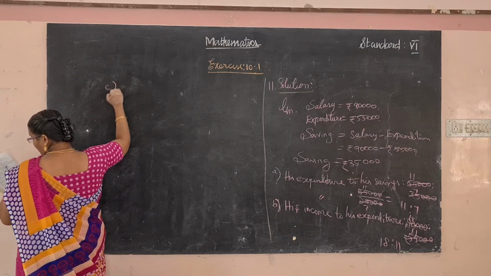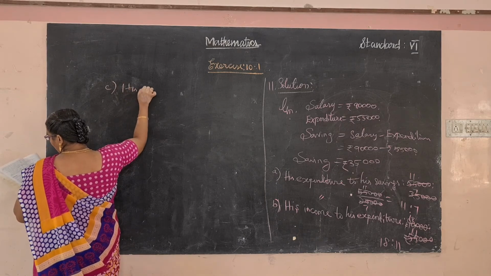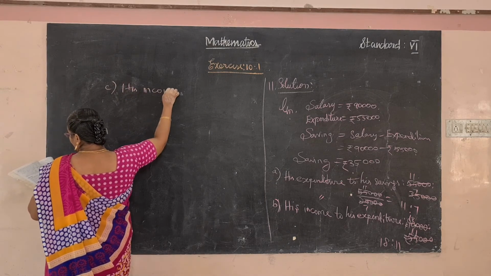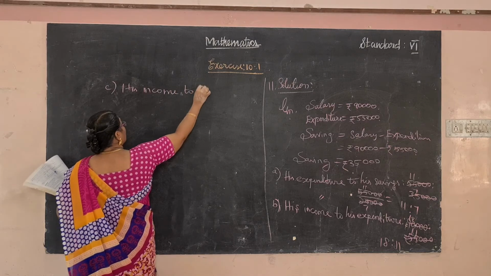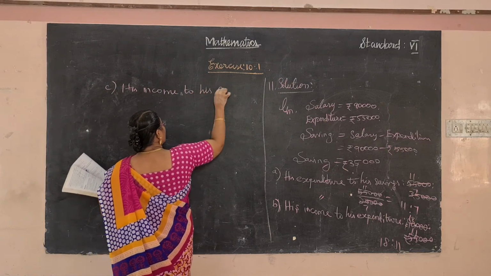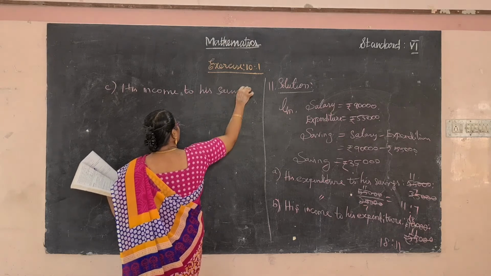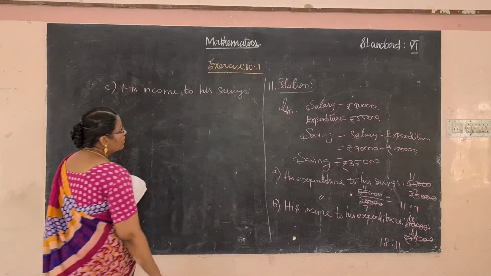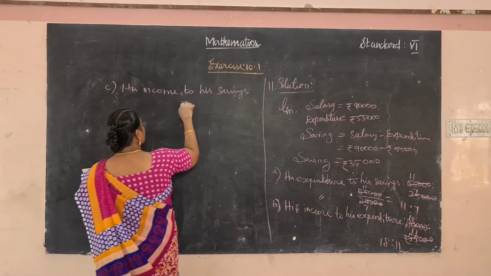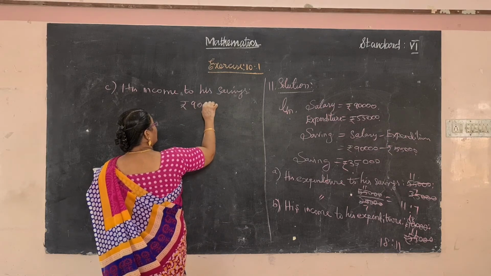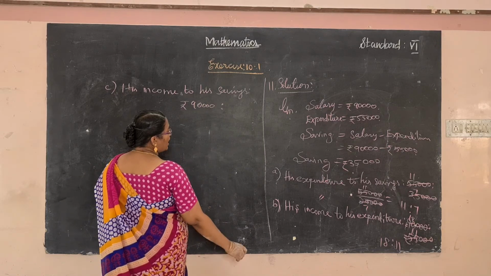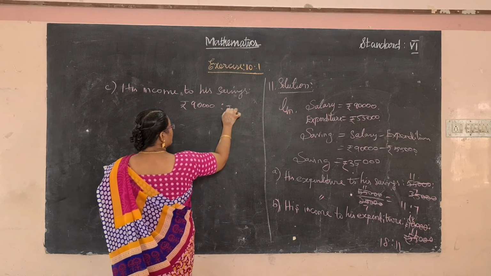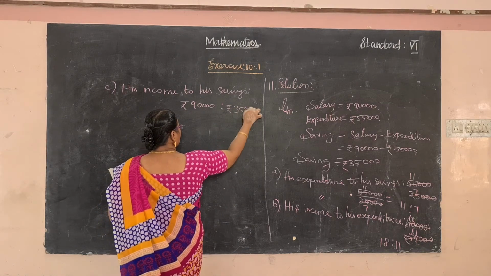C, his income to his saving. So income is rupees 90,000. Next, the saving amount is rupees 35,000.